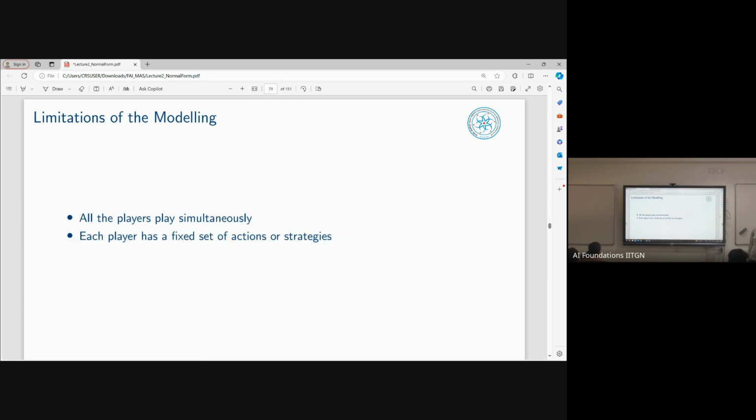All the players are playing simultaneously in this particular setup of game, and each player has a fixed set of strategies or actions. Now, what can happen is, if you make a move first, there could be a game where you make a move first and I go next, and I now have a bigger set of actions to take.